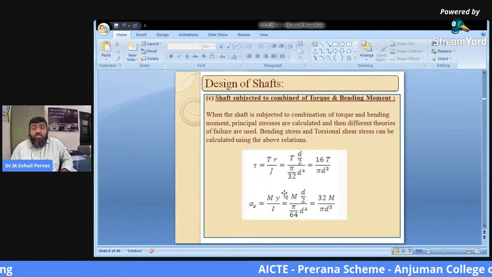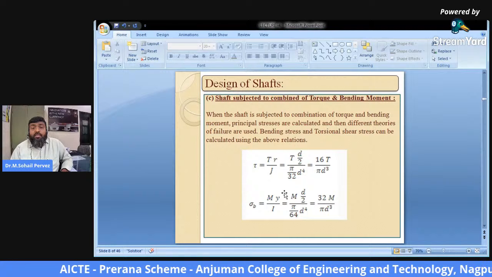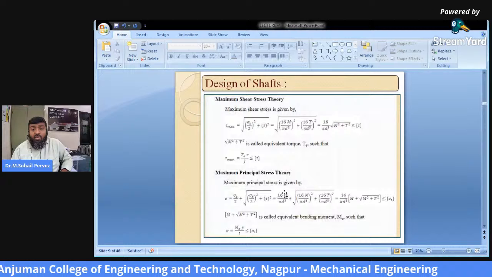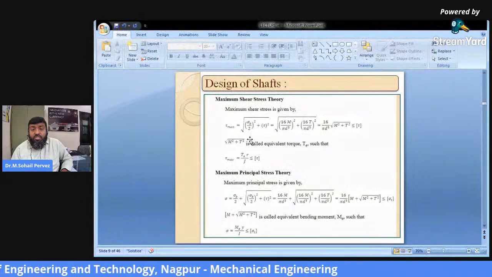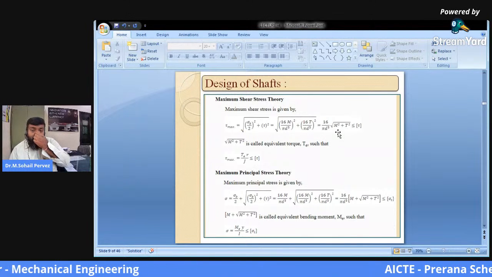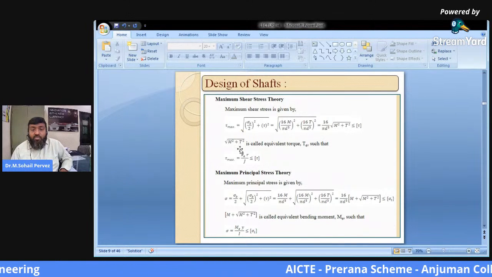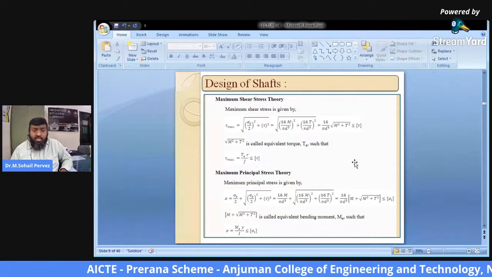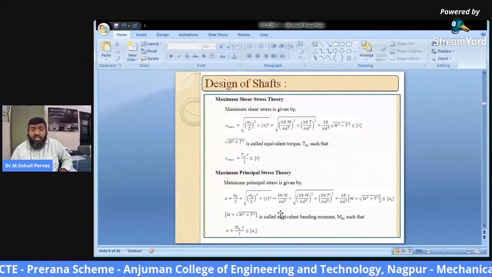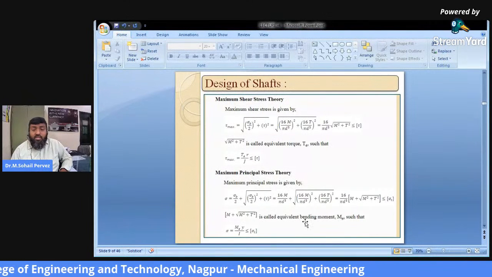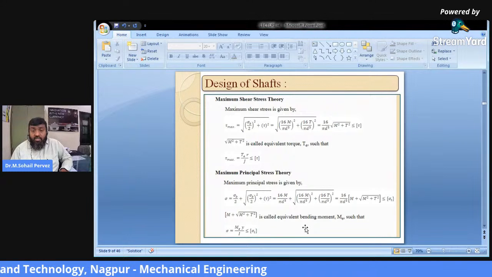We'll use these two theories to calculate the diameter of the shaft. This is the maximum shear stress theory. We substitute the values of sigma B and tau in this equation, and we get: under root of M square plus T square is called the equivalent torque. The same thing applies in the maximum principal stress theory: M plus under root of M square plus T square is known as the equivalent bending moment.